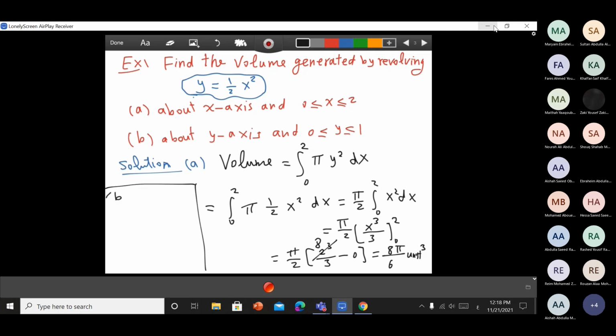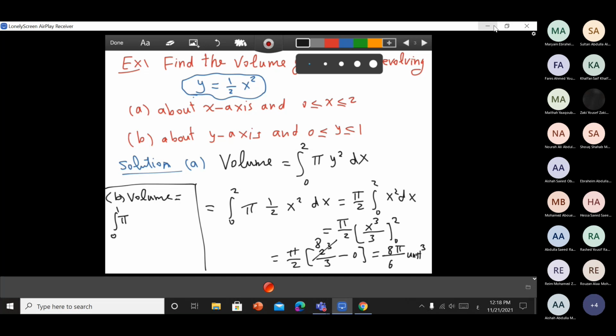So when you go for B, your volume will equal what? Yes, the integration from 0 to 1 of pi. When I'm revolving about the y-axis, the radius will be horizontal, so it will be x. So I need to have x as a function of y, right?